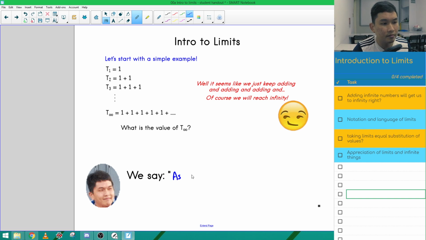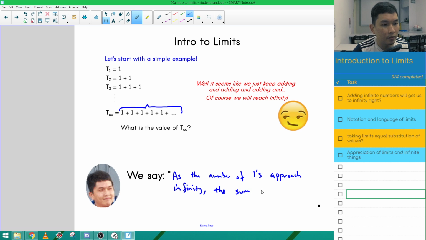As the number of ones, these are the number of ones over here, as the number of ones approaches infinity, the sum approaches infinity.